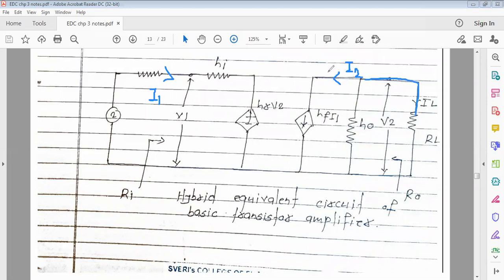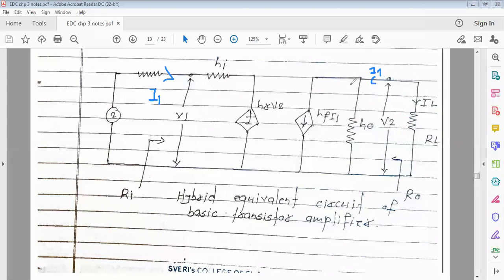I2 is the same as IL, but the direction is different. I2 is in this direction, IL is in this direction. So we can say I2 is equal to minus IL, or IL is nothing but minus I2.